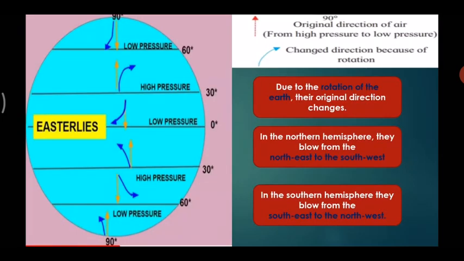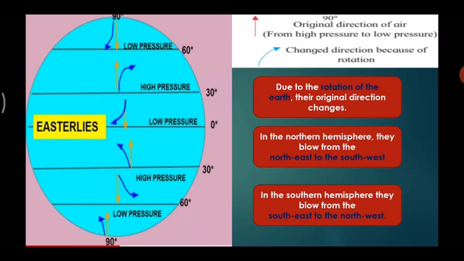Let's move forward. Now let us study the winds which are blowing towards the equator, that means near the equatorial low pressure belt. These winds are called easterlies. Due to the rotation, the original direction changes, as I told you.